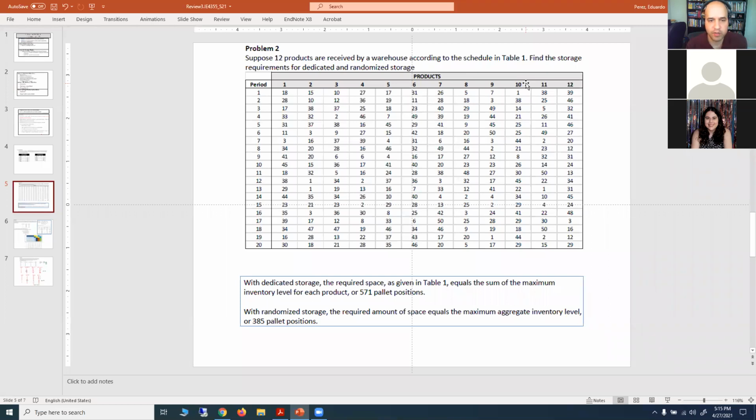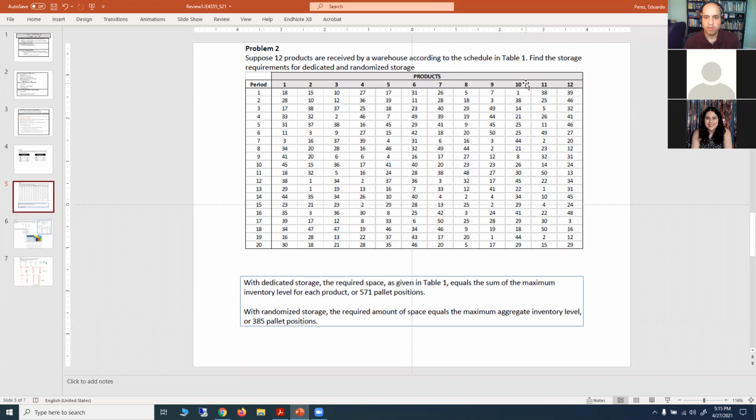As I mentioned already, as part of the review, there's a difference between how you plan for dedicated and randomized storage. For dedicated, you should expect to have more space because you're making sure that you have enough space for each one of the products in your company. For these 12 products, I want to make sure that I have enough space in my warehouse.